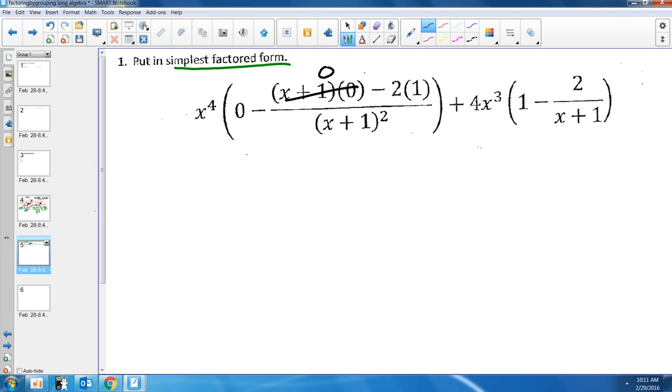So I can also say that's going to be a plus. Now I can rewrite this into a much easier fraction than what I see. This fraction is going to be now, the 0 plus anything is the thing, so it's going to be 2x to the 4th over x plus 1 squared. That's a lot easier than what's up above it.